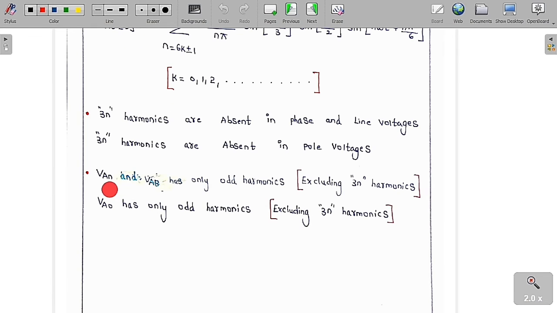So simply I can say that VAN, the phase voltage, and the line voltage VAB have only odd harmonics excluding the triplen harmonics, and VAO, the pole voltage, also has only odd harmonics excluding 3n harmonics, means the phase voltage, line voltage and also pole voltage are not going to have any 3n odd harmonics.